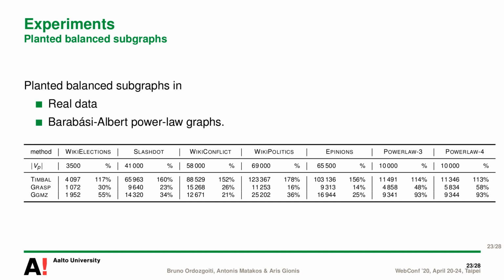And we see that our method indeed succeeds in finding the planted subgraph in all cases, and in many instances it even finds a larger balanced subgraph. We do this by planting subgraphs on real data and also on some power law synthetic graphs.